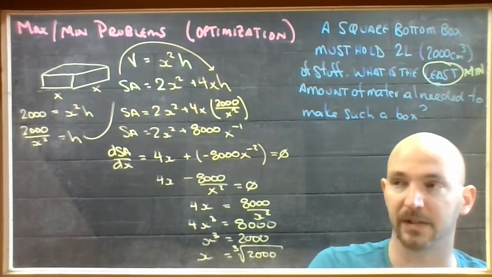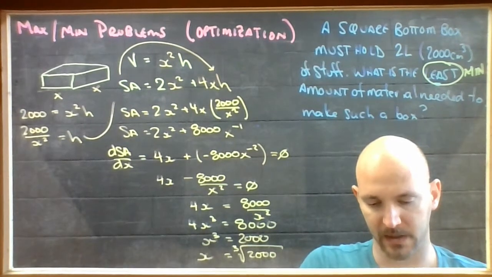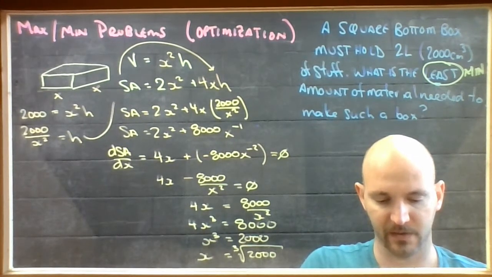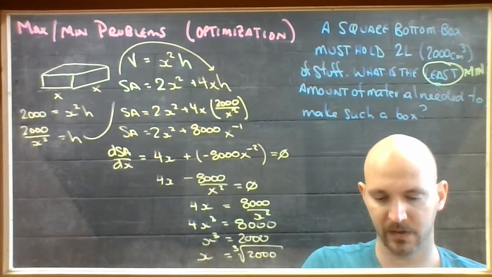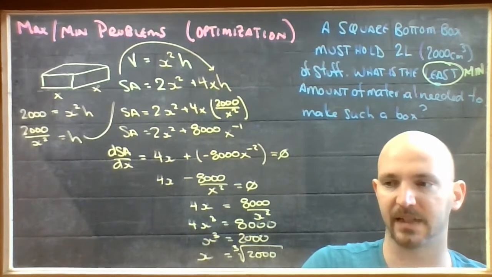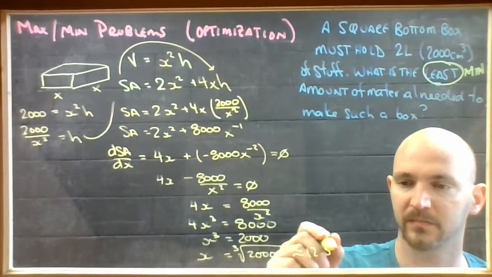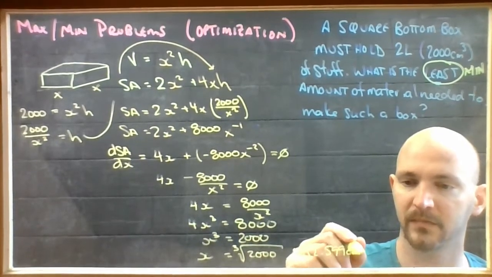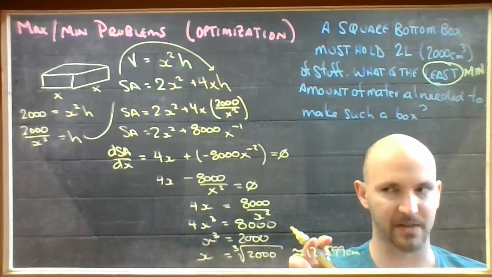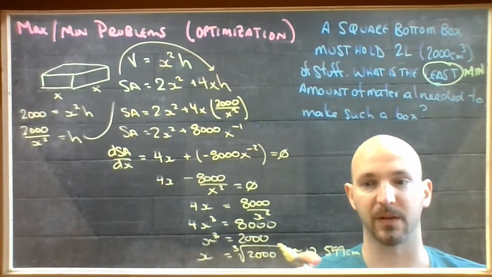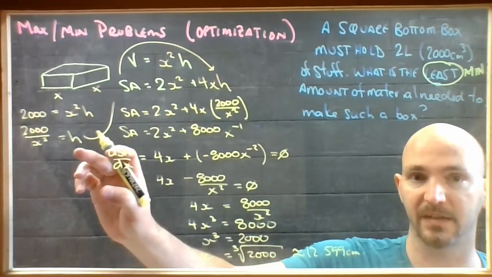Okay, now if I were to work that out, 2,000 to the exponent 1/3 gives me 12.599 centimeters. Now, if you remember anything from grade 9, this answer shouldn't surprise you, but we're just going to ride with it anyway. Because I have x, I need to find the value of h.